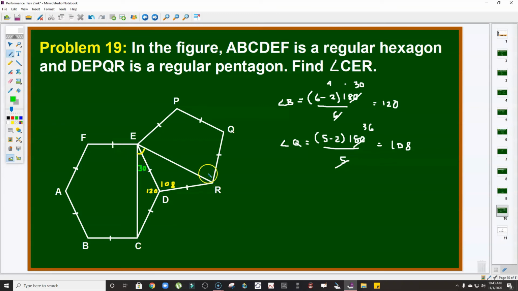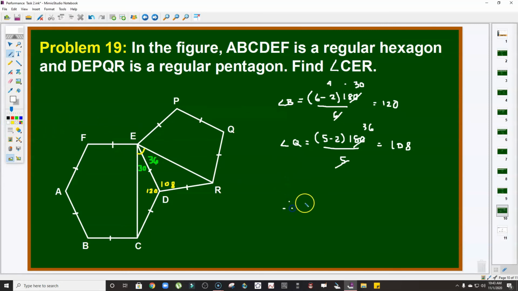See that? Similarly, yung angle DER, triangle DER is isosceles triangle din. But 108 yan, so the remaining angle is 72. So divide it to 2. So therefore, each angle is 36. See that?